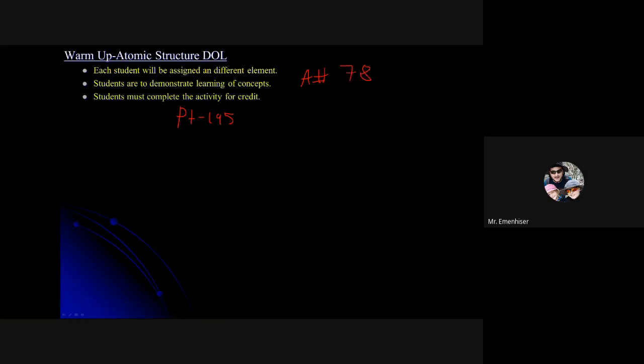Let me double check that. 78, okay. And then my mass number is 195. So I need to subtract these. 195 minus 78. How many neutrons? 195 minus 78 is 117. I got 117 neutrons.